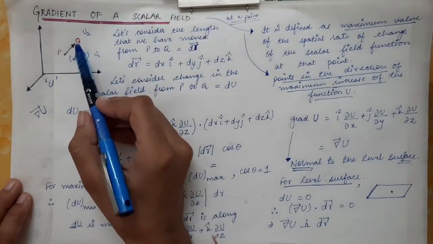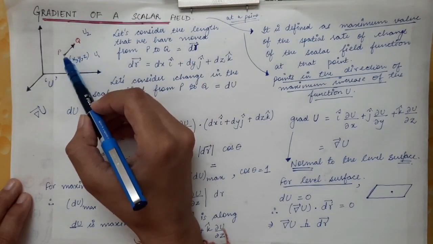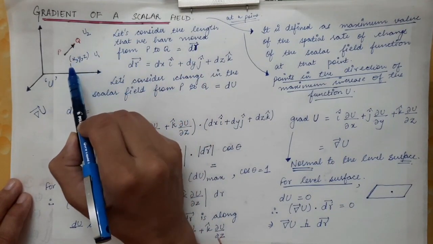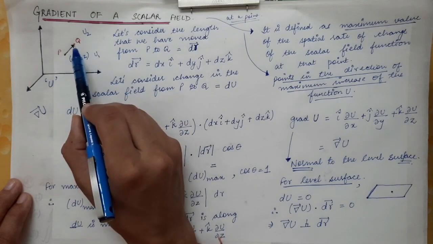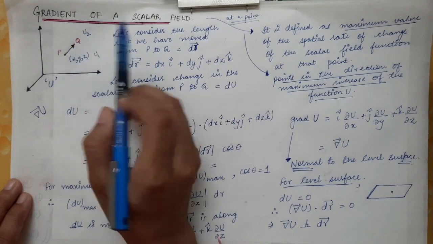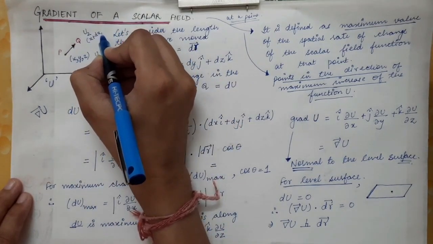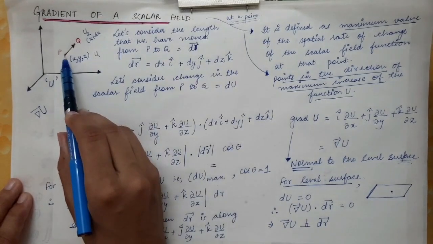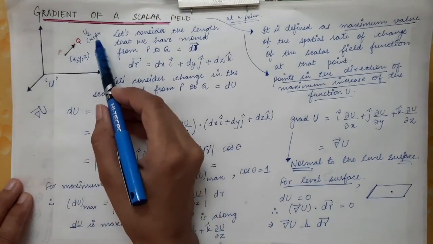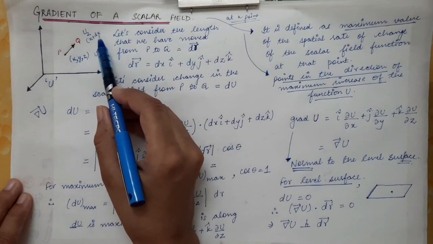And for the coordinates of the Q point, let's say we have moved a very small distance from P to Q, so that the coordinates just change by a very small amount. So the coordinates at Q are X plus dx. X is the coordinate of the P point, so the X coordinate for Q will be X plus dx.